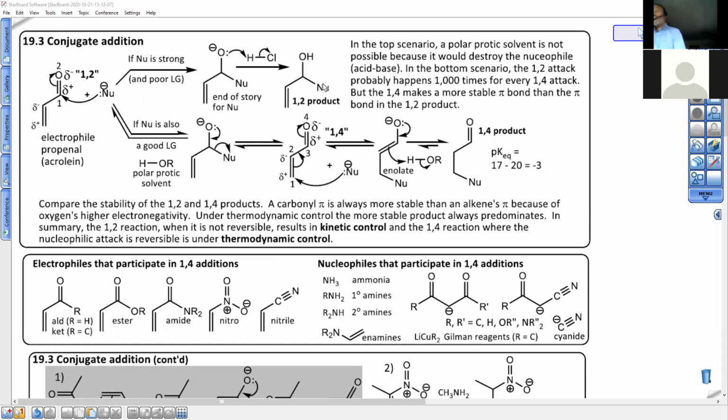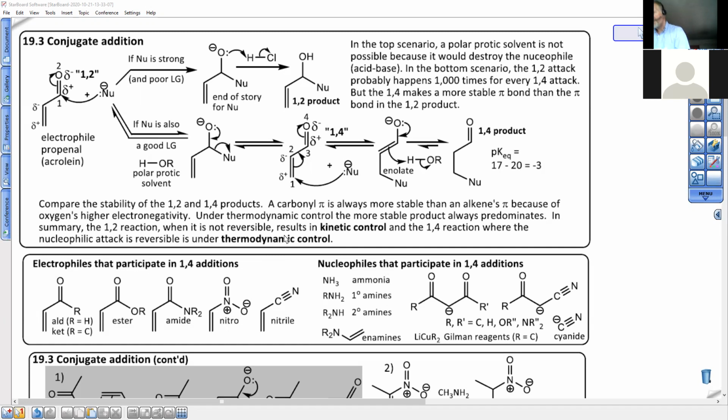Still a useful reaction. But now we have a new kind of nucleophile that you don't even know about yet. It's a good nucleophile, but it's also a good leaving group, which means it's the conjugate base of an acid with a pKa of less than 12. Look back in the notes from the start of the semester when we reviewed leaving groups. Let's look at these nucleophiles down here.